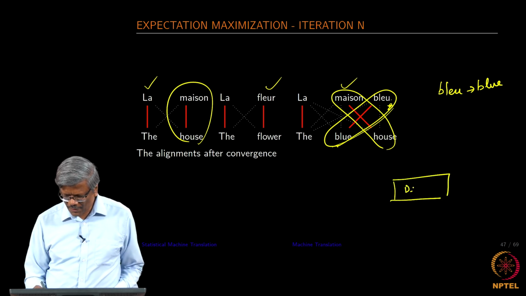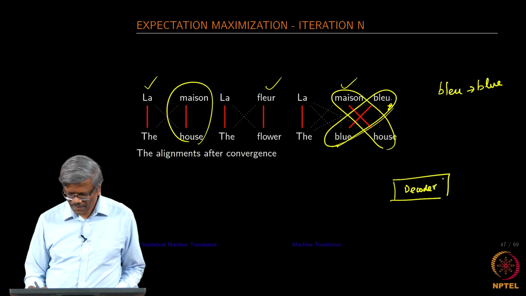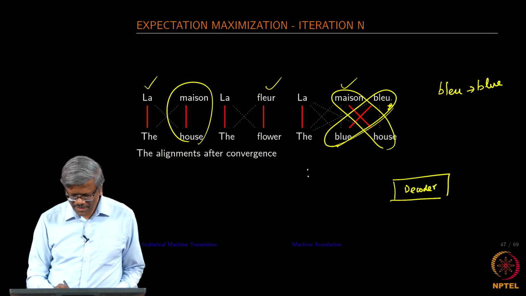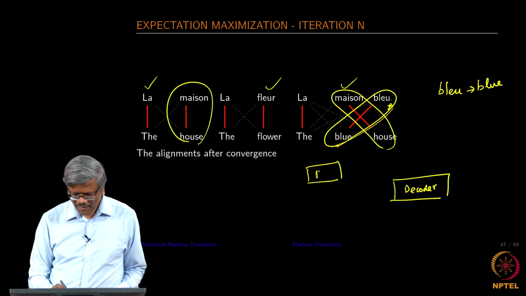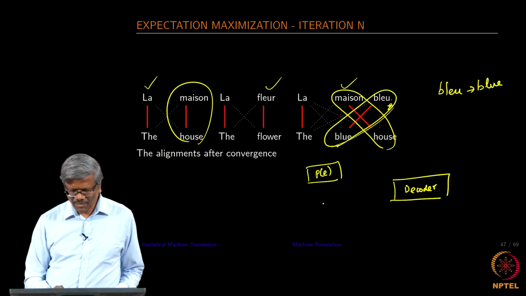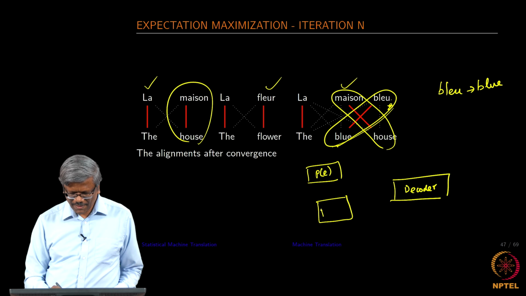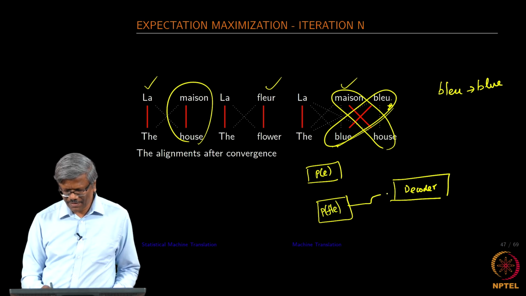So, let us say this is the decoder. The decoder receives data from the language model and the translation probability model.